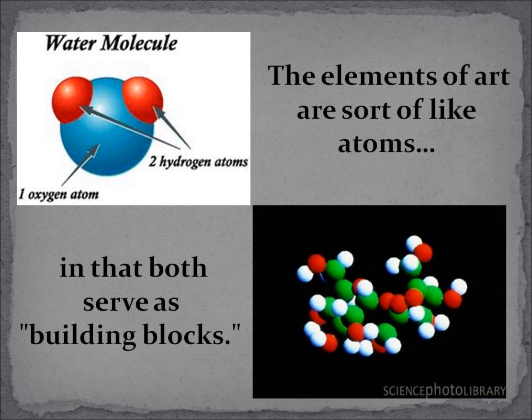The elements of art are sort of like atoms in that both serve as building blocks. You know that atoms combine and form other things, right? Well, sometimes they'll casually make a simple molecule, as when hydrogen and oxygen form water.